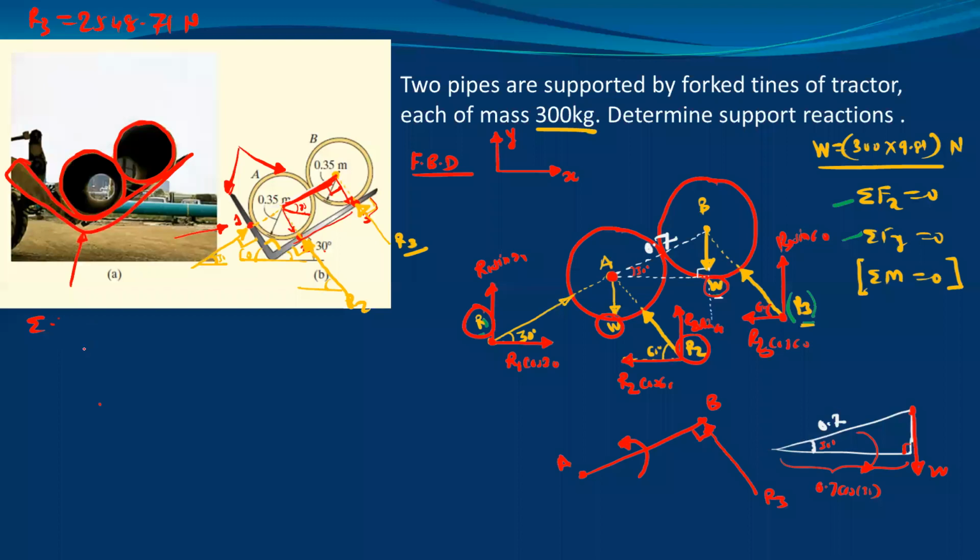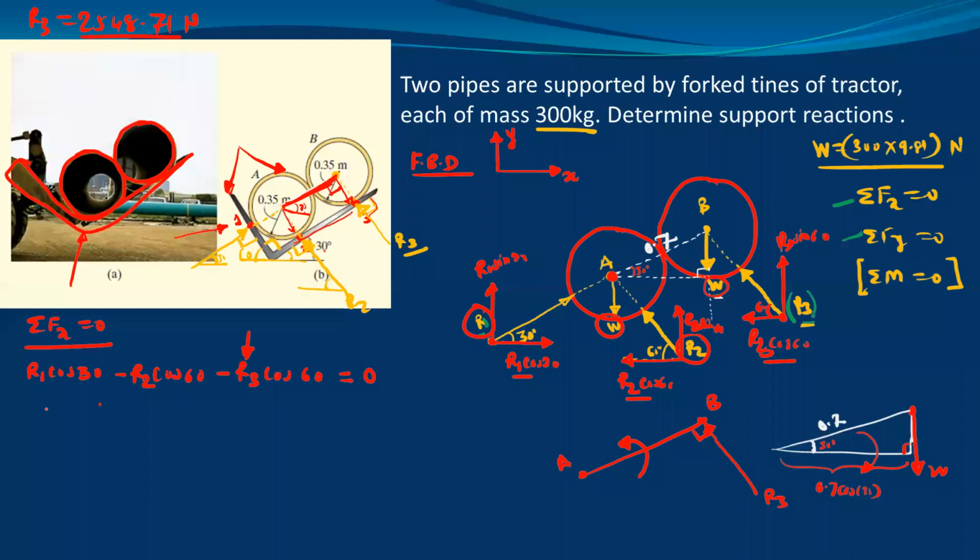For summation Fx equals 0, consider all x components. I will start from R1. R1 cos 30 positive, then minus R2 cos 60, that means this component. Then we have R3, so again minus R3 cos 60. So only three forces. This is equal to 0. Out of this, we know R3. So put this value of R3 in this equation.